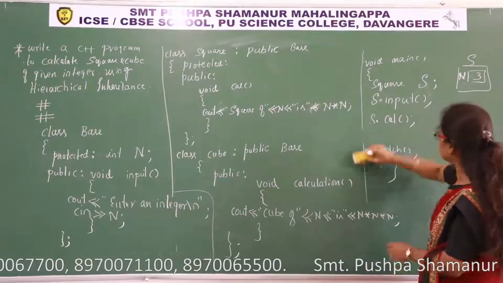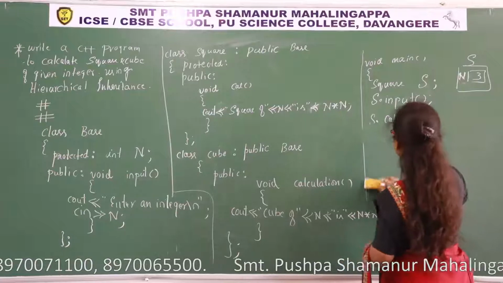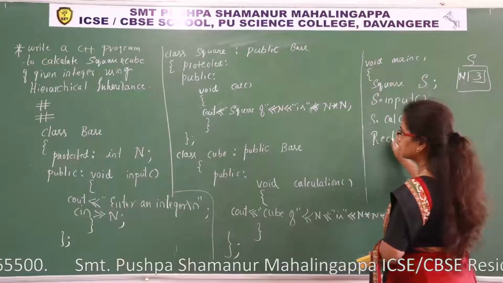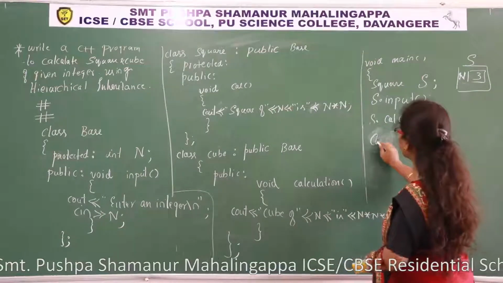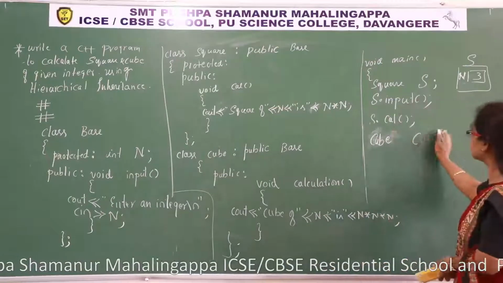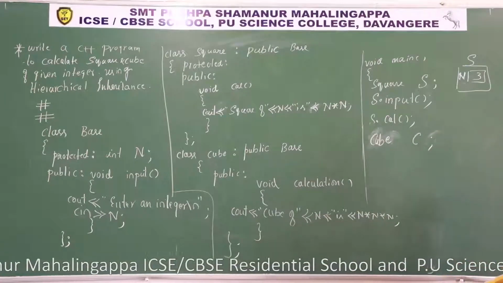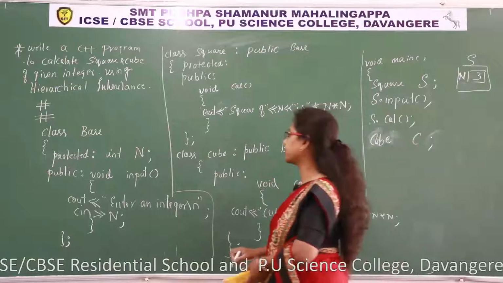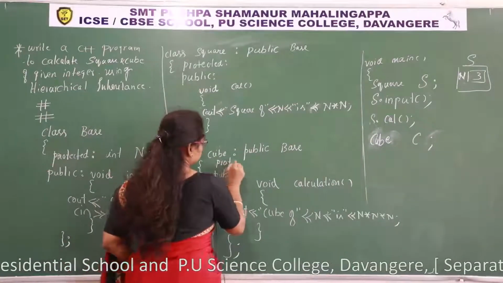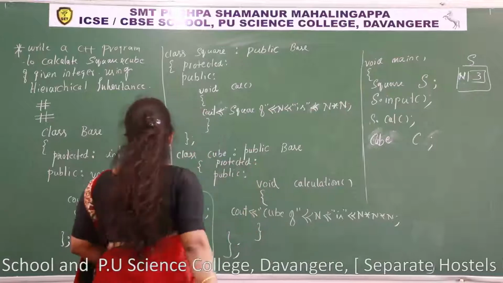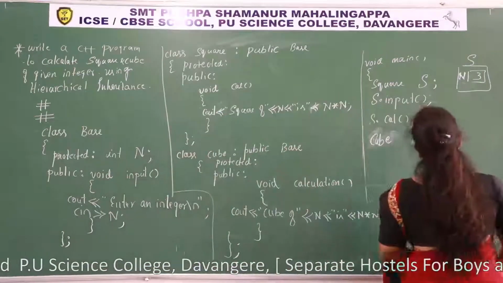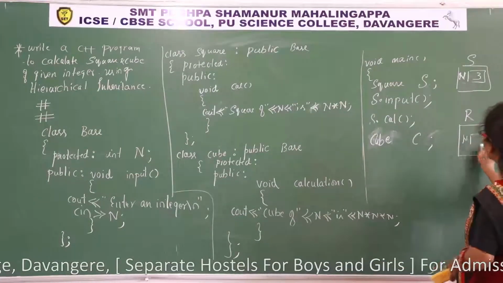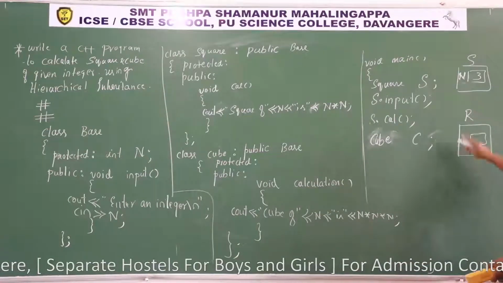Cube c, sorry, name of the class is cube. Here also the data member will be inherited to class cube. So class cube protected section contains n, that is a base class data member. This object gets the value 3.